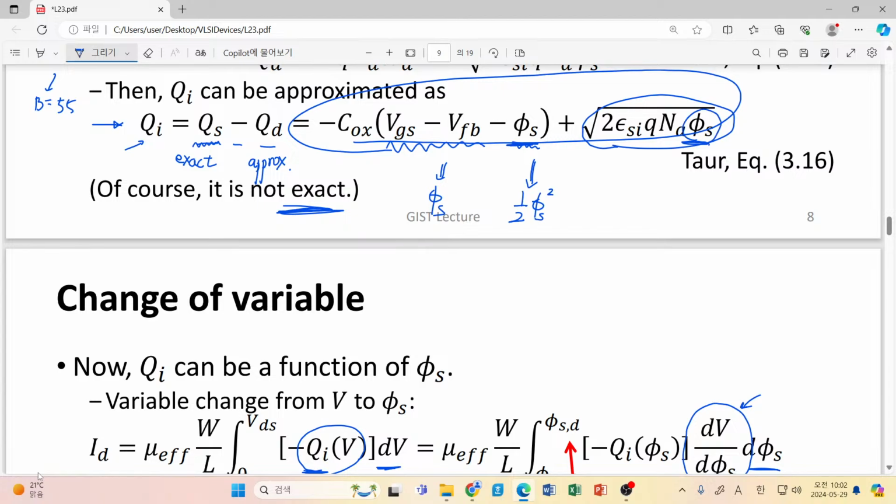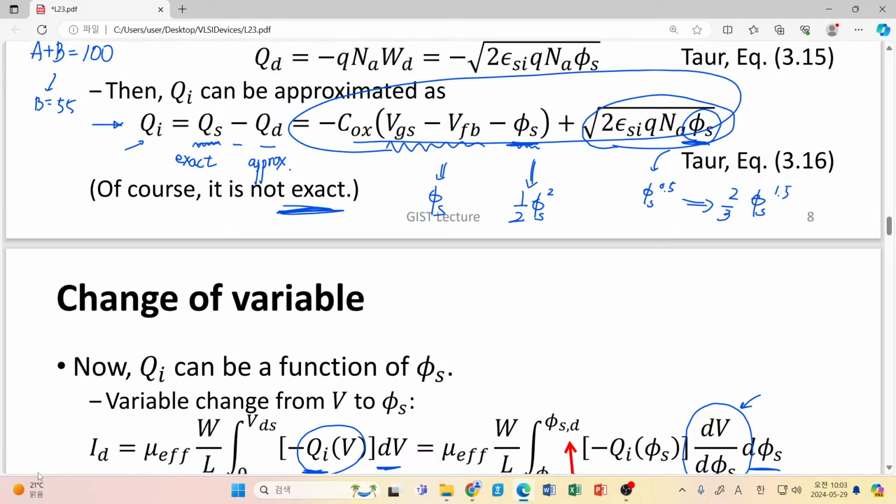And here we have actually the 0.5 power of phi s, and it will become phi s to the 1.5. Yes, of course we have to have this coefficient. But anyway, this equation 3.16 can be quite easily integrated.